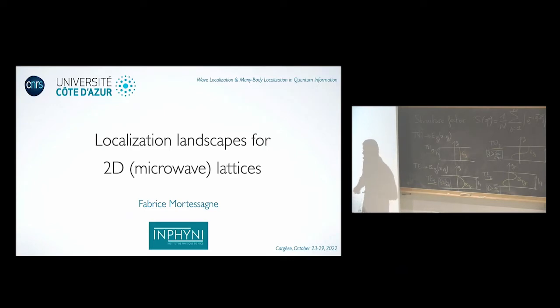I put microwave in parentheses because the main impetus of this work a few years ago came from our interest, in my group in Nice, and I will humbly say our expertise, in microwave experiments. I'm going to show you how, starting from microwave experiments, we progressively get to the tight binding Hamiltonian, and to localization landscape in the tight binding Hamiltonian.